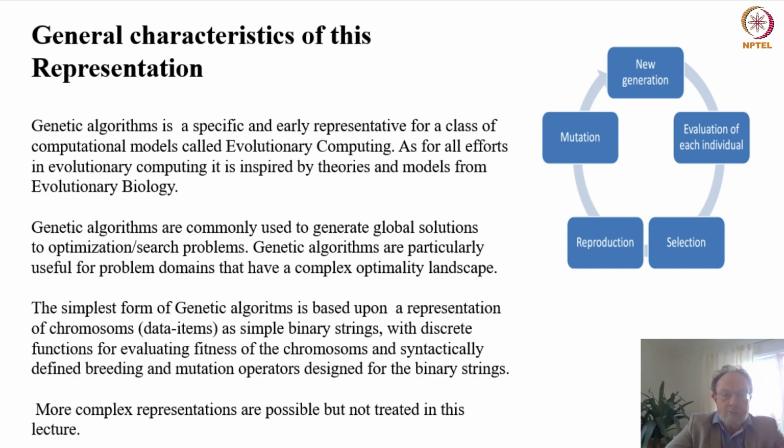The simplest form of genetic algorithms is based upon a representation of chromosomes, that's the data items, in the form of simple binary strings, with discrete functions for evaluating the fitness of this chromosome, the fitness of the data, and syntactically defined breeding and mutation operators designed specifically for the binary strings.